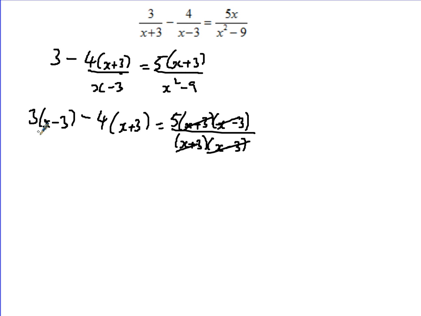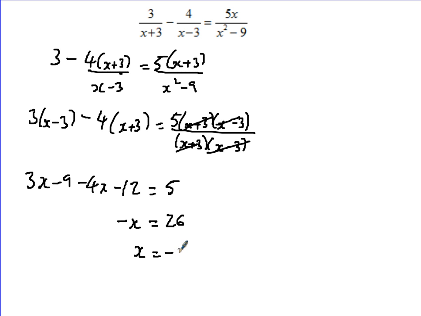And then times out these brackets, so I get 3x minus 9, minus 4 times x is minus 4x, minus 4 times 3 is minus 12, that equals 5. Minus 3x minus 4x gives me minus 1x, so minus x. Add the 12, which is 17, add the 9, which is then 26. So then x is a value of minus 26.